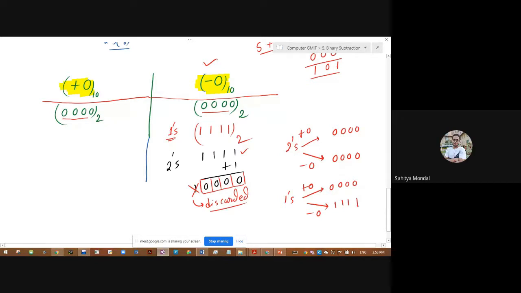I have already shown you this is 0. After that, calculating the one's complement gives 1 1 1 1, toggling the bits. Now I am saying that one's complement is also used for negative numbers.